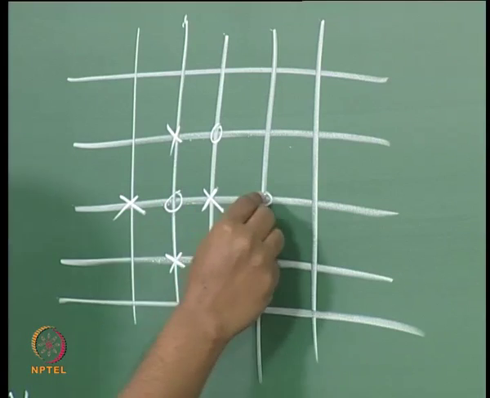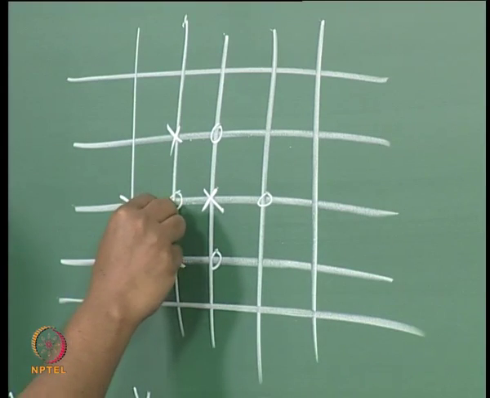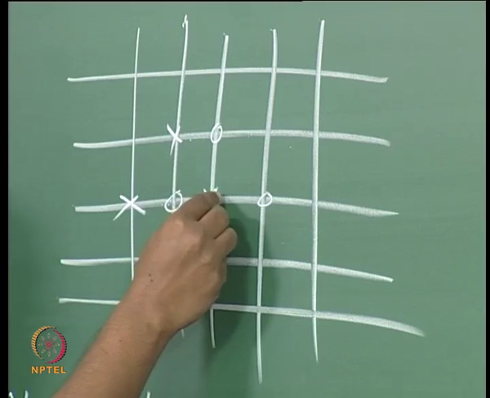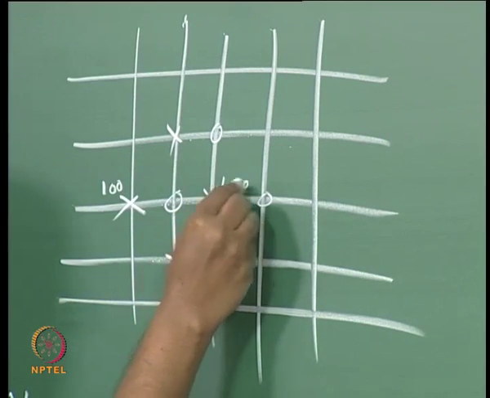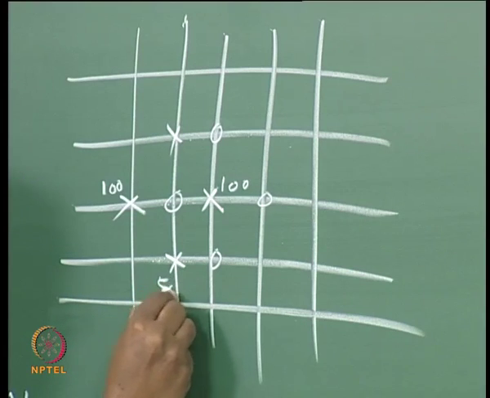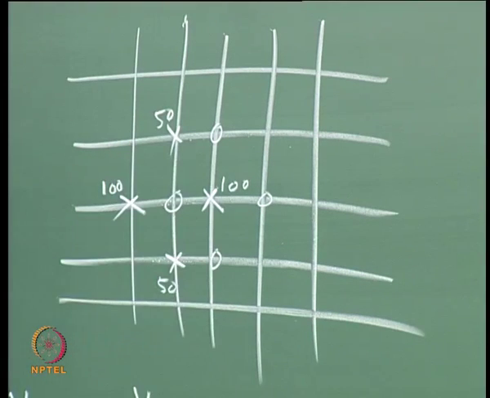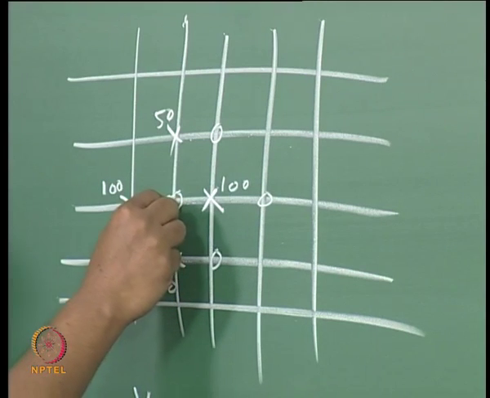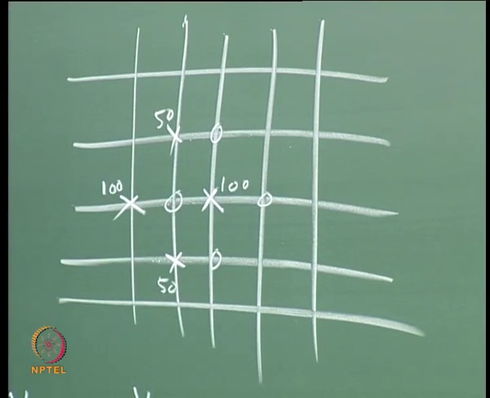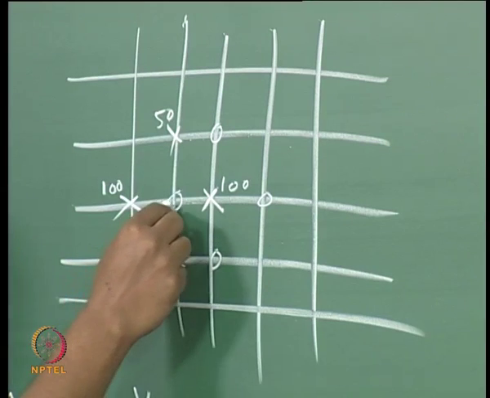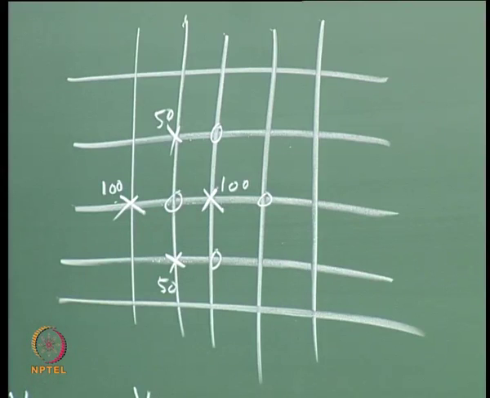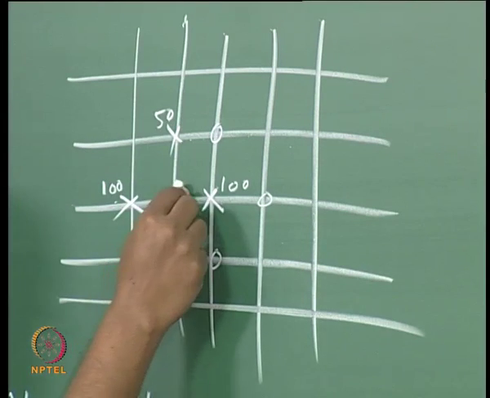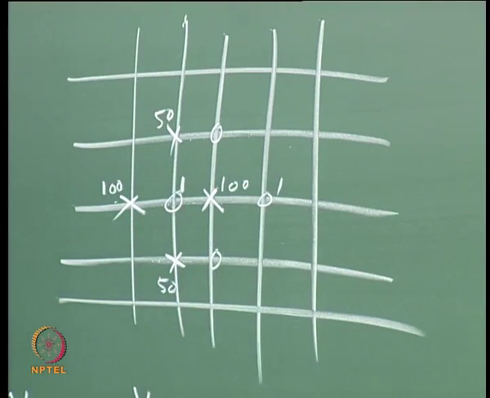With the result that since this is not coming into the picture, if you have, for example, a strange case of 100, 100 and 50, 50 pressure here, then the pressure gradient which is coming into the momentum equation will be such that the pressure gradient in this direction is 0 and the pressure gradient in this direction is 0, and let us say that you have one here and one here.